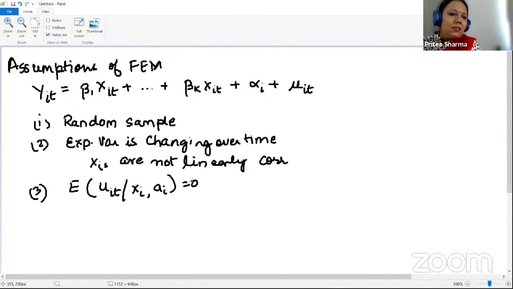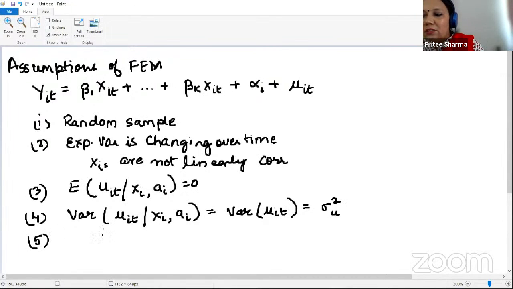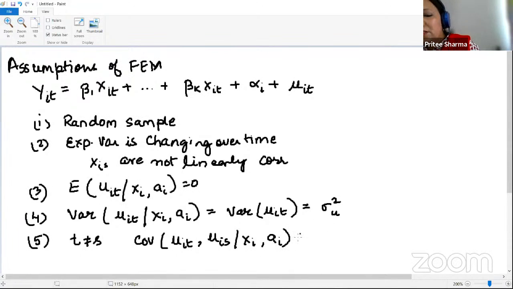Then the other assumption is that the variance of the error term conditional upon the X's and the a_i's is constant, variance sigma mu squared. And the last is that for all values where t is not equal to s, the covariance between mu_it and mu_is conditional upon all X's and a_i's is equal to 0.